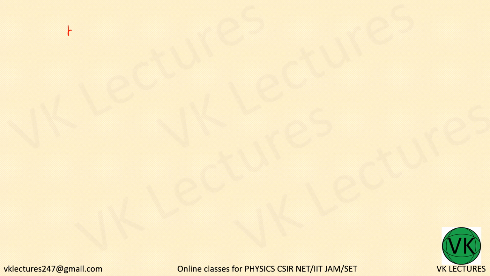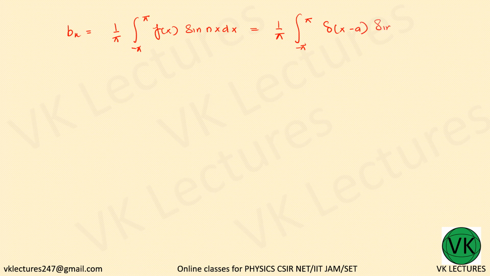For bn equal to 1 by pi integral from minus pi to pi f of x into sin nx dx, that's equal to 1 by pi integral from minus pi to pi delta of x minus a into sin nx dx. So a will take the position of x, so that bn is 1 by pi into sin na.